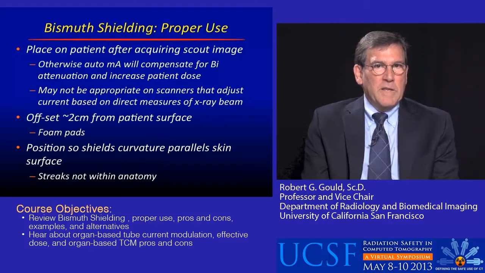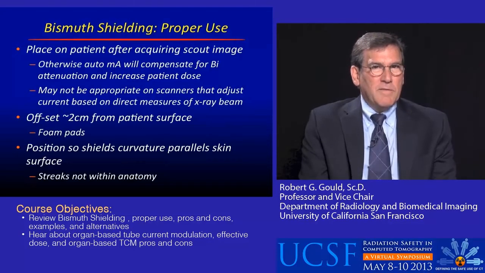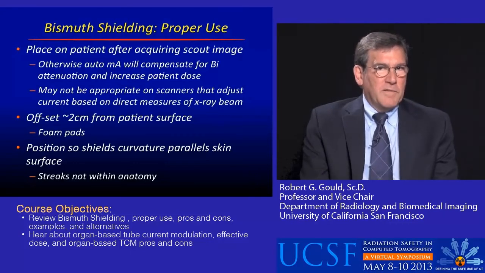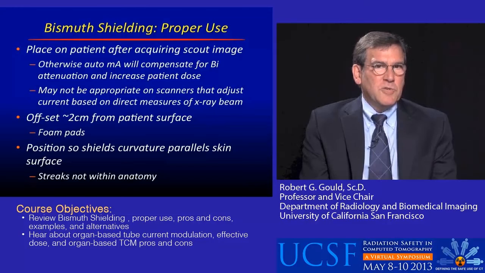And typically the auto-mA, this automatic variation in tube current, is based on the scout image. So you don't want these in the scout image at all. And furthermore, there are some scanners that have on-the-fly adjustment of the current. And the extent to which it does that could also mean that the bismuth should not be used.